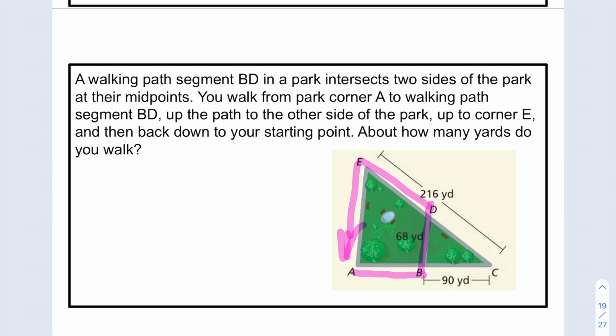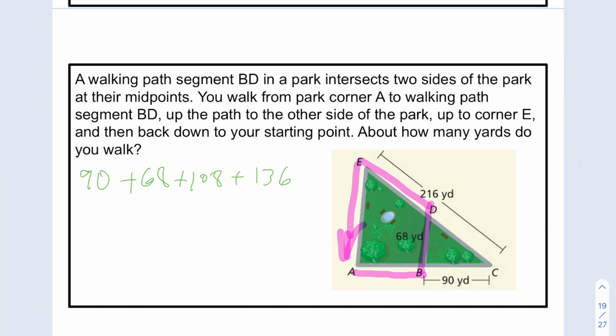Well, BC is 90, so AB has to be 90. BD is 68. DE is going to be half of 216, or 108. And EA is going to be double 68, so it's going to be 136 yards.